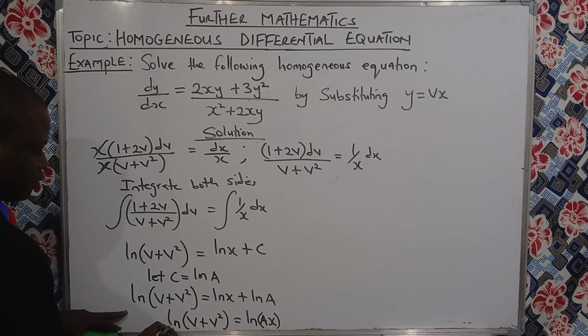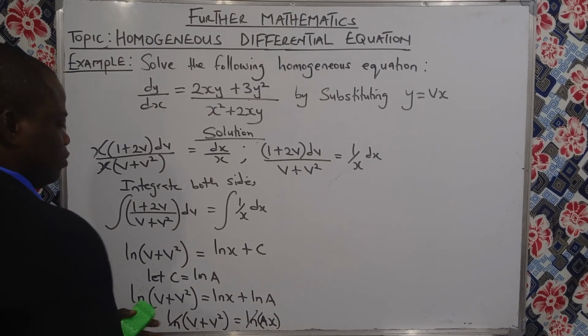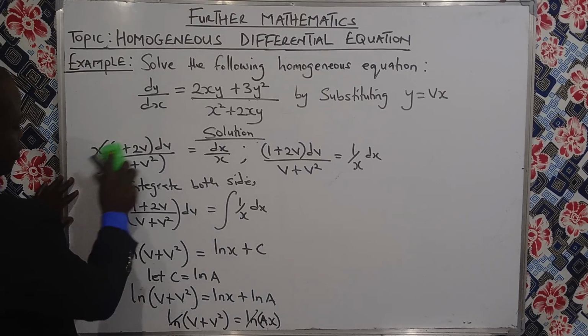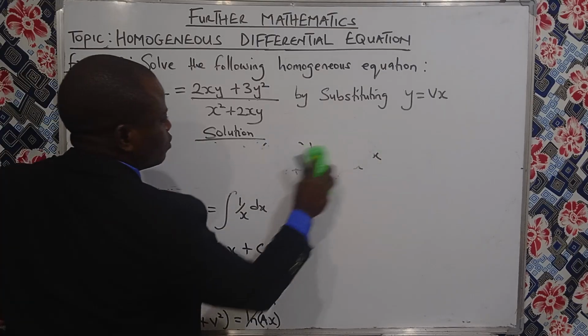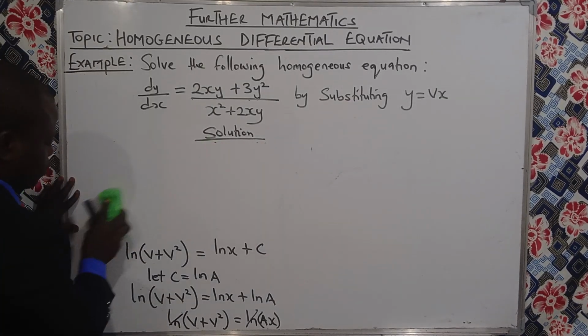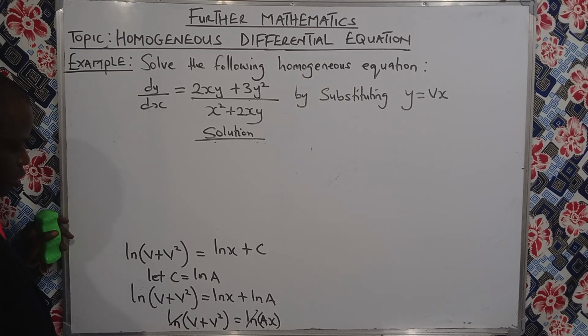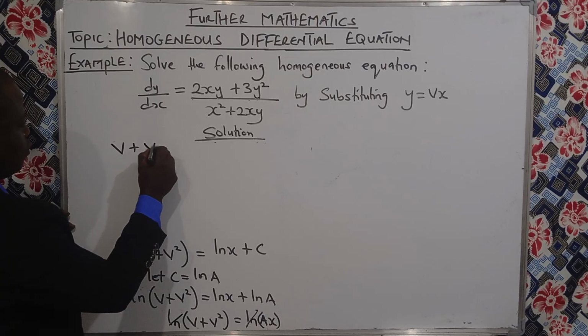From here, ln cancels ln, you are left with v plus v squared equals ax.